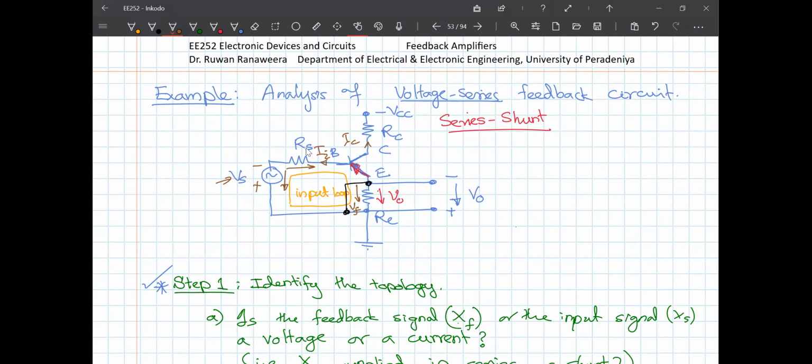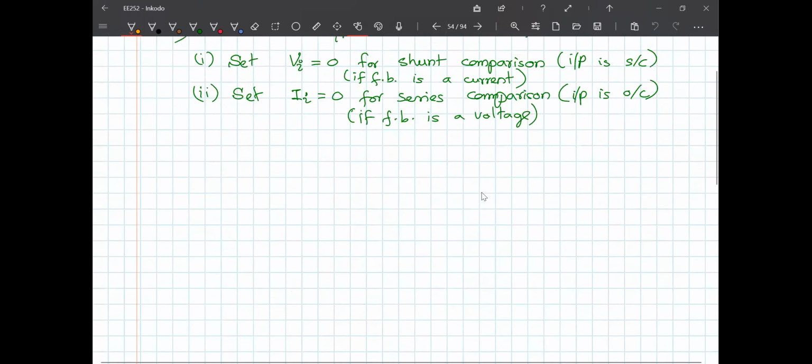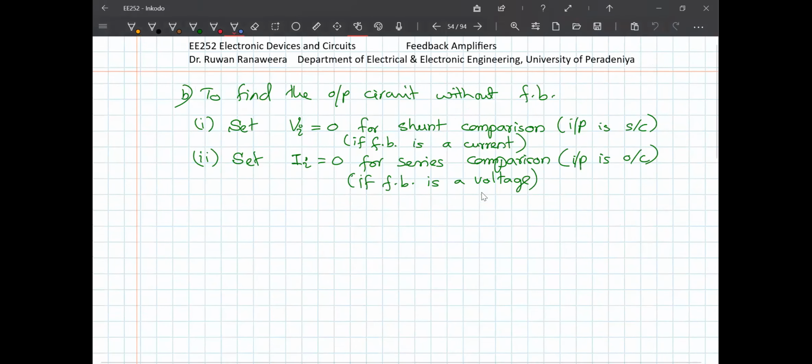I'm just removing the IB part, because in this case IE through this is equal to IC plus IB, right? IB is the input current. Okay, so now I'm just going to remove this component, right? IE will then be equal to IC. Okay, so I'm not going to remove that part from this. Okay? So what do I have?